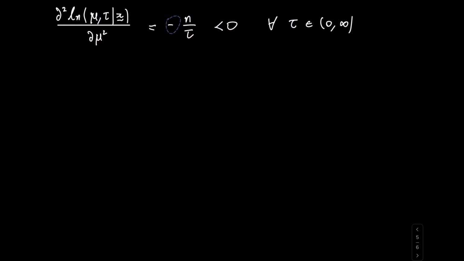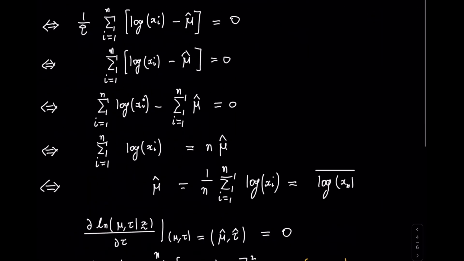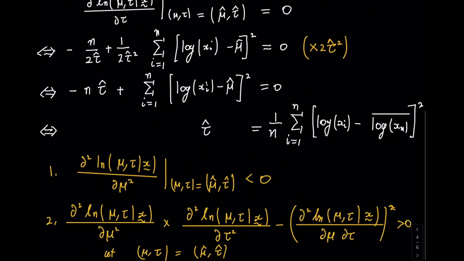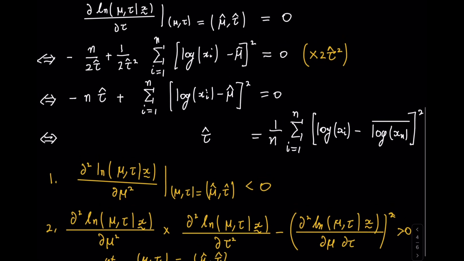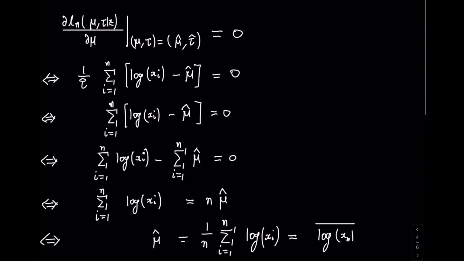Second point to prove, unfortunately, might be a little bit challenging. So here we had all our terms that we needed to evaluate. Second derivative, and then the second derivative with respect to mu and tau. And then we had to evaluate them at the respective maximum likelihood estimates. So let's begin.